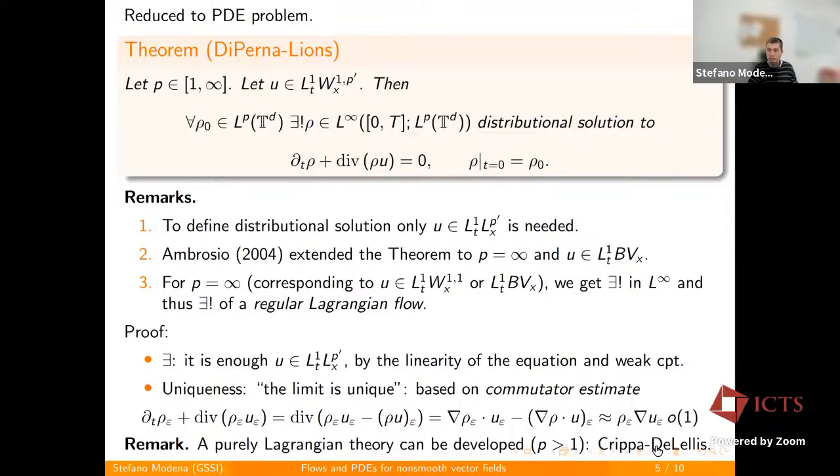This has been developed by Crippa and De Lellis in 2007. And unfortunately, it works just for p bigger than 1. And you can guess why, because there is some harmonic analysis tool involved.